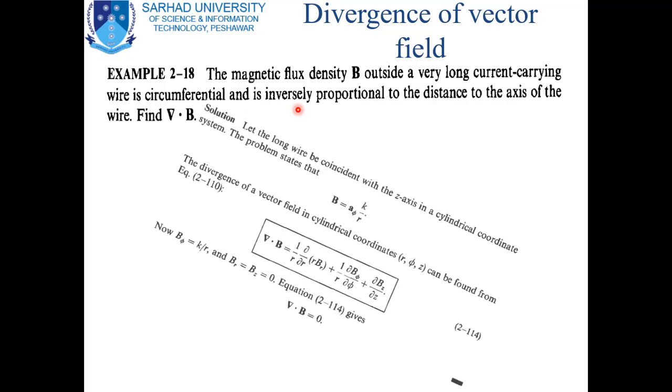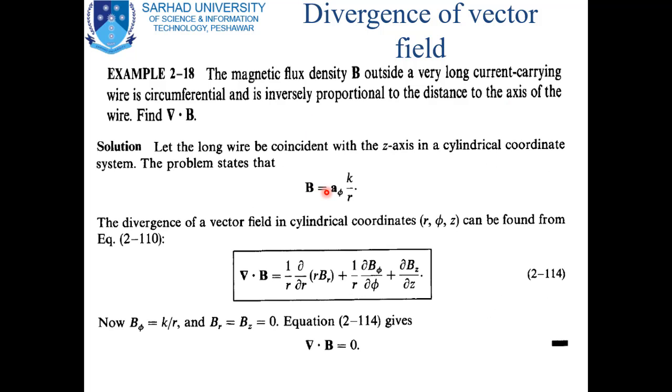So B can be written as B equals A phi, since it is circumferential, the angle varies and we take only the phi unit vector. It is inversely proportional to r, so we insert a constant k. We have to find the divergence of B in cylindrical coordinates, because the symmetry is related to cylindrical coordinates.